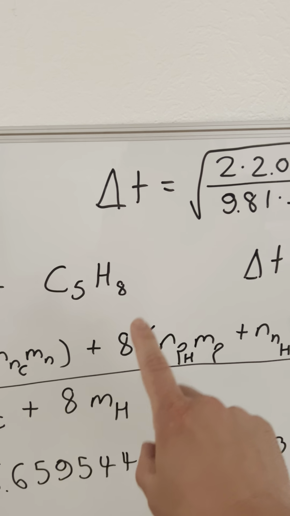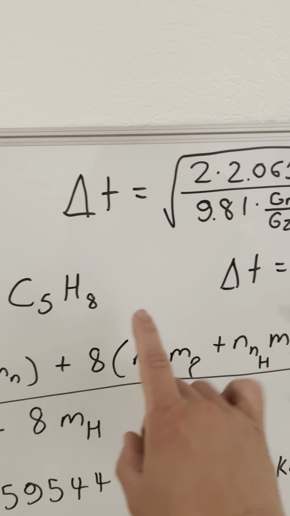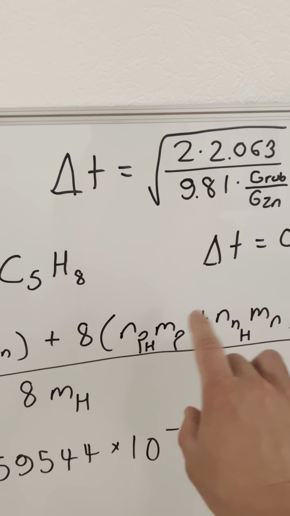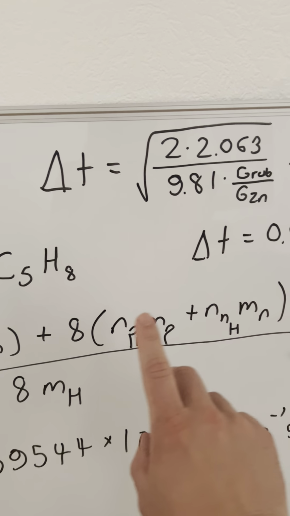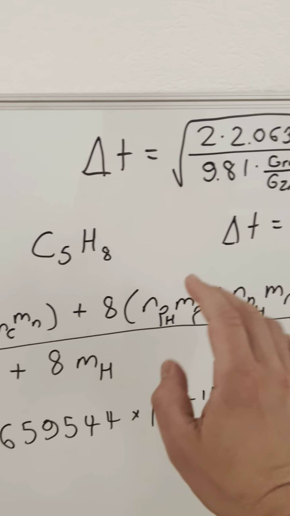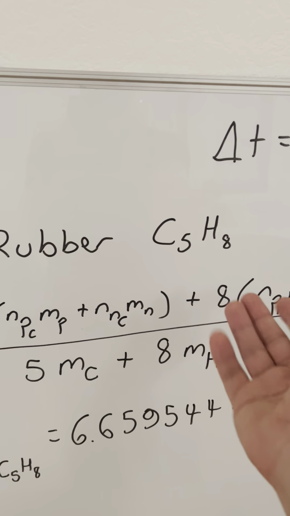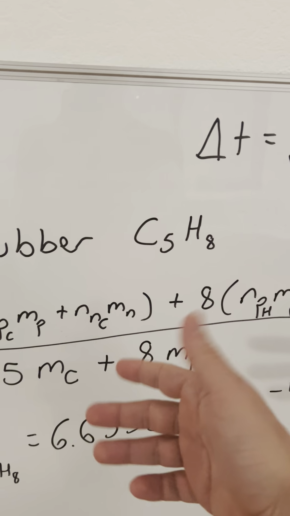Then we do the same for hydrogen, and you may think that with hydrogen it's very simple, but you have to account for all the isotopes and be very precise. That's why it's not just a single proton.